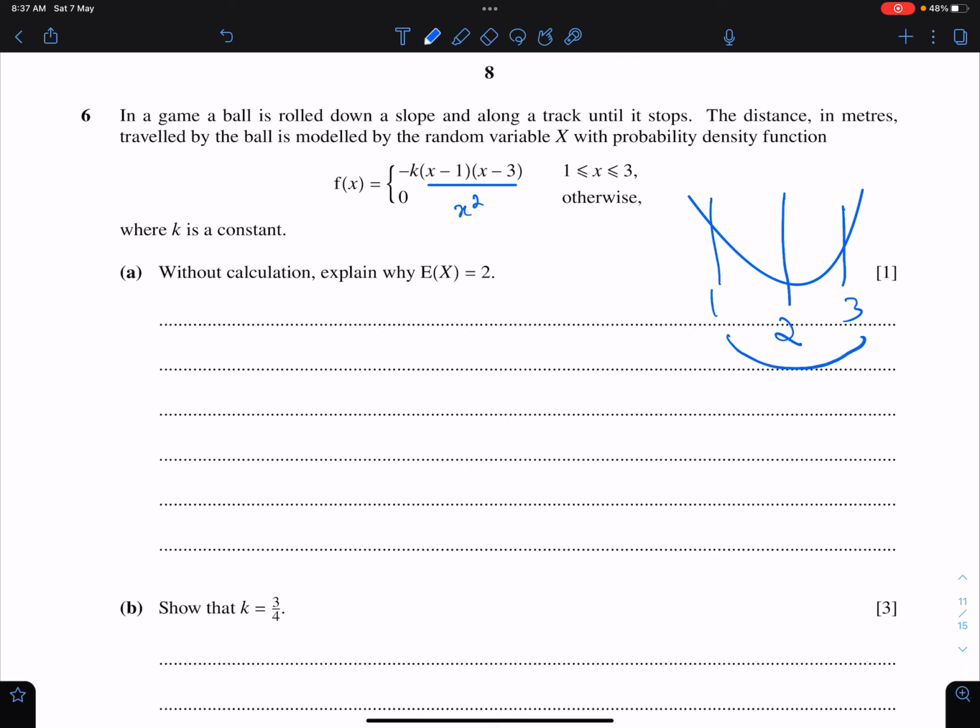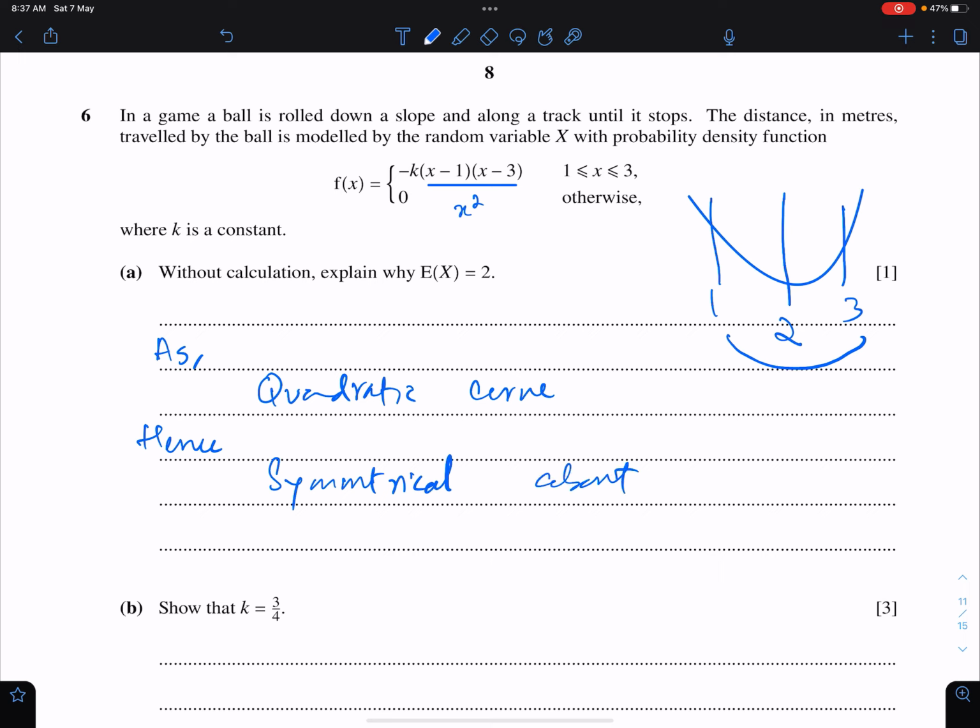So the reason is, as the curve is quadratic, hence it is symmetrical about x equal to 2. Therefore the mean is 2.